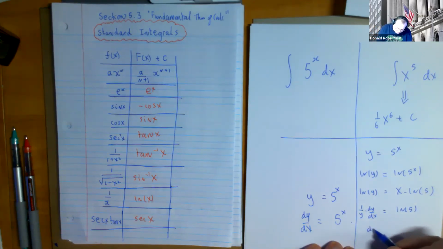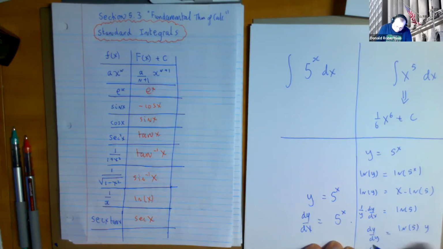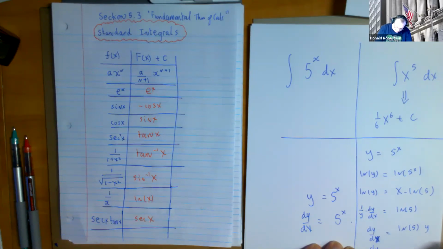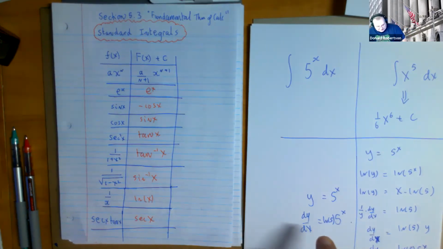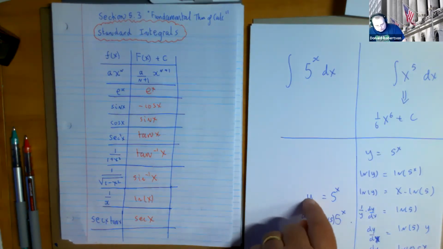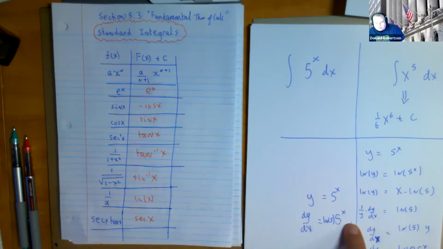You then multiply both sides by y, and then you replace the y by 5 to the x. So the derivative of 5 to the x is this guy here. Right, so it's 5 to the power of x times log 5.